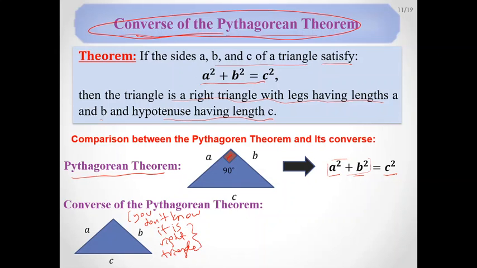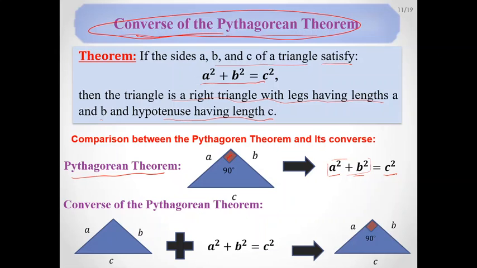So it means you don't know if there's 90 degrees in it or not. You don't know, but you know that A squared plus B squared is equal to C squared. Then if you have this condition satisfied, then you can directly say, yes, this is a right triangle.